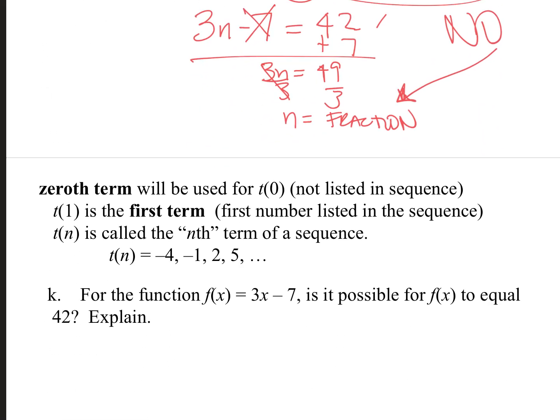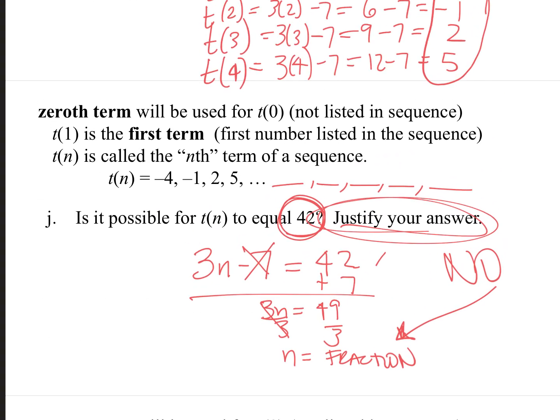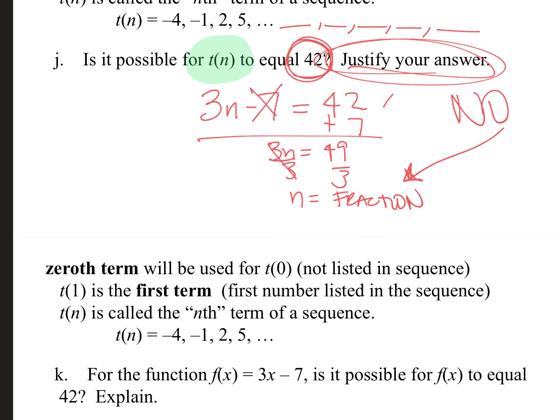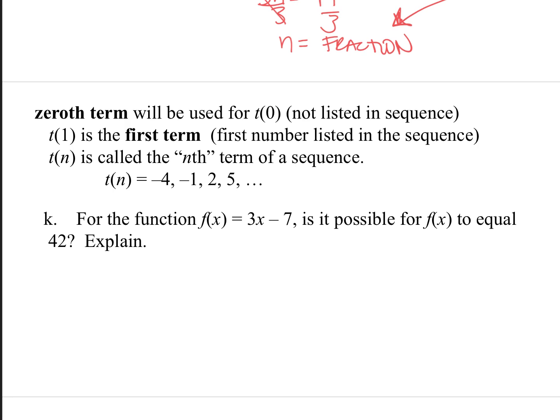All right, so let's take a look. So for this function, is it possible for f of x to equal? Now this is different. Let me go back just a sec. This is asking very specifically about T of n. T of n is talking about term numbers, but this problem is asking about functions. Functions don't have to have whole numbers.